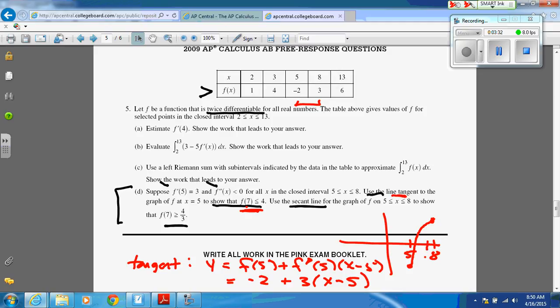Well, let's go back to our graph here. Here's 7, here's f of 7, and what we know is that the curve is concave down. I just drew the wrong tangent line there. There we go. The curve is concave down, and we drew for ourselves a tangent line at x equals 5. And look at that. Because the curve is concave down, it lies below its tangent line.